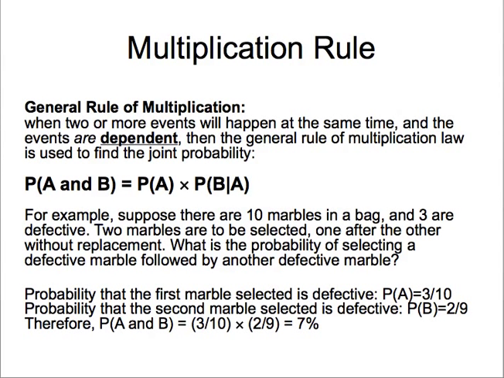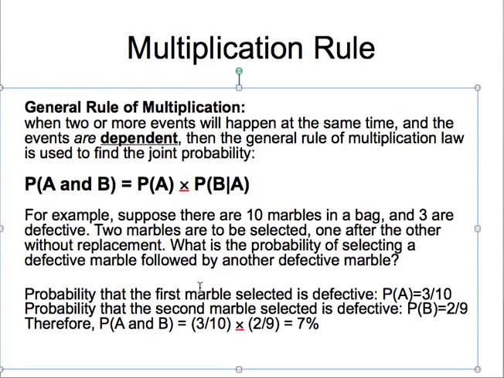Okay, so that's the probability that the first marble is defective, which is 3 out of 10, times the probability that the second marble is defective. Now, because you did not replace the previous marble, right? So it's the probability that the second marble is defective, given that the first marble was defective.